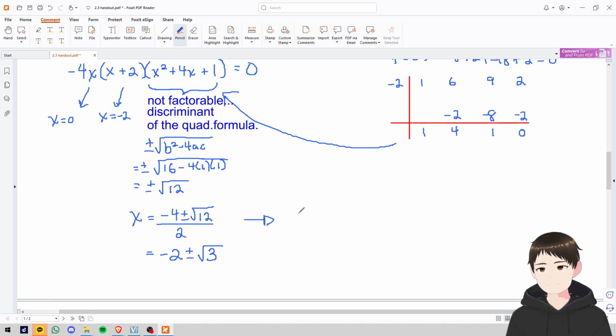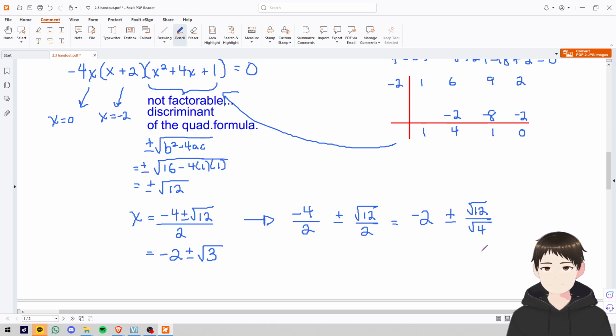Please note that negative 4 plus minus root 12 divided by 2 is the same as negative 4 divided by 2 plus minus root 12 divided by 2. And that is the same as negative 2 plus minus root 12 divided by root 4, because 2 equals root 4. And then I can say negative 2 plus minus.